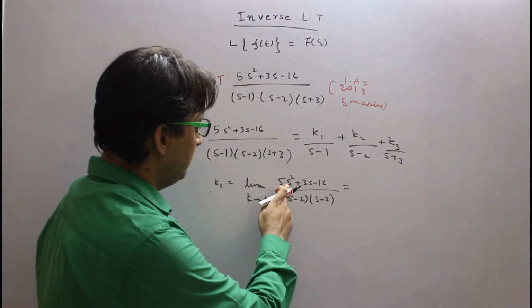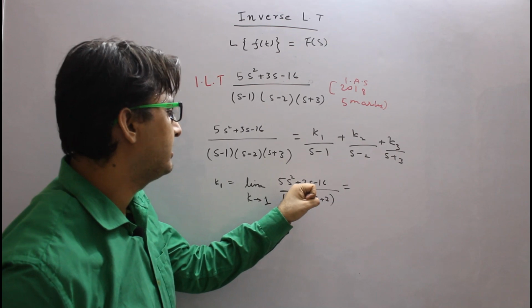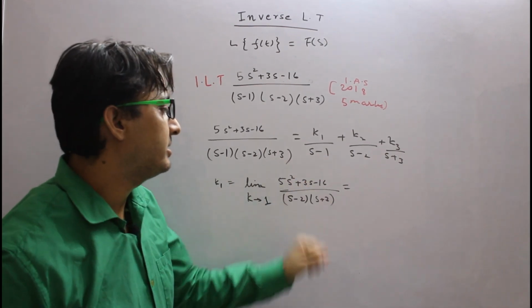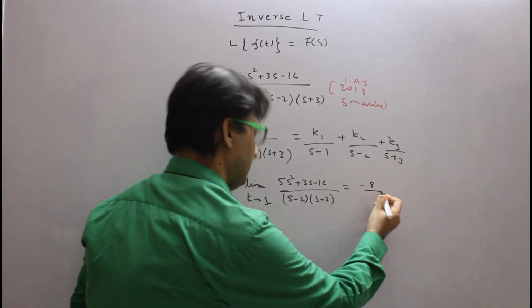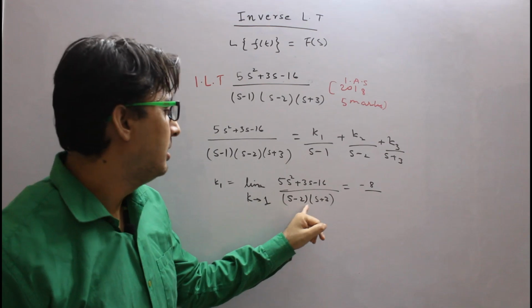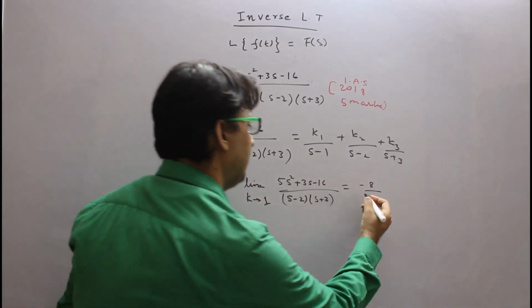So if you put here 1, it becomes 5 into 1 square, that is 5, plus 3 into 1, that is 8. 8 minus 16 is minus 8. In the denominator, 1 minus 2 is minus 1, 1 plus 3 is 4, so 4 into minus 1 is minus 4.